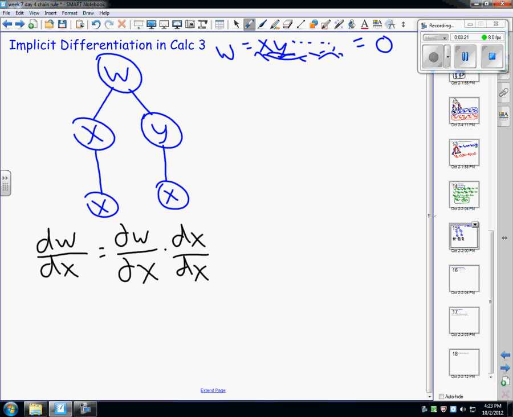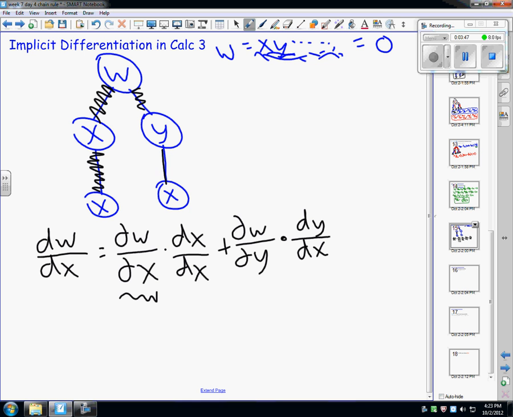Now notice, the first guy was a partial because it was coming from a split, and this guy is a full because it's only connected to himself, plus the partial of w over the partial of y, that's this part, times dy dx. And that's a full again because it's only one connection.